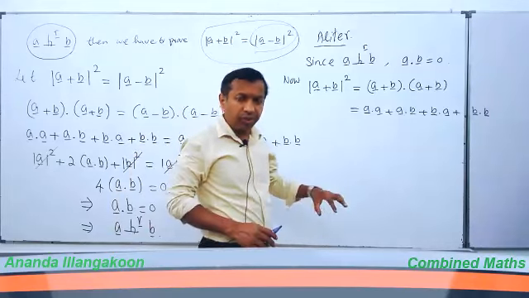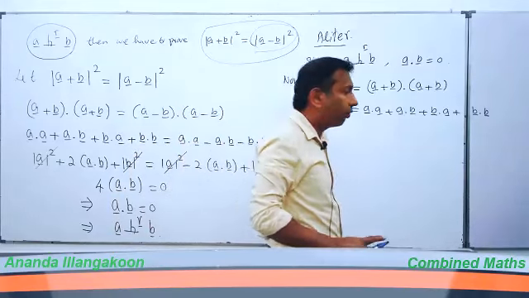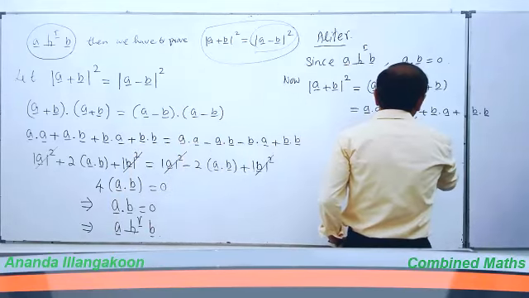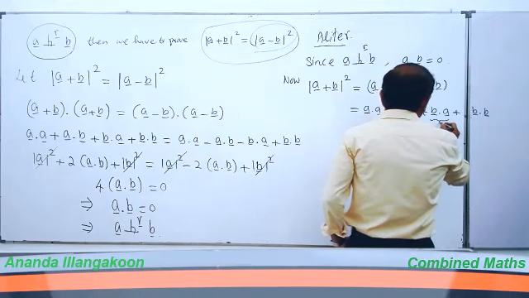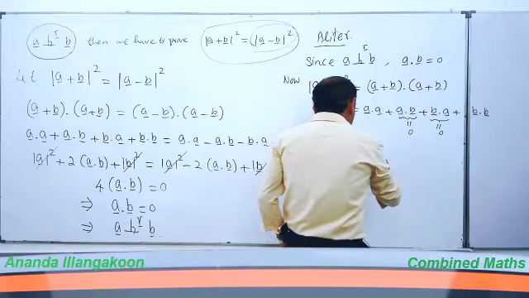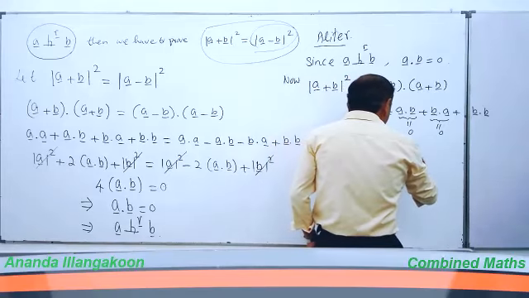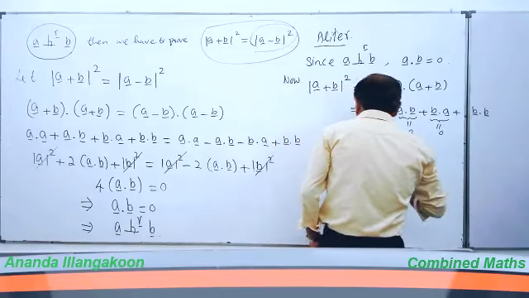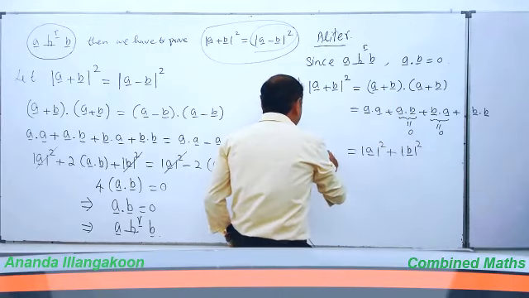And B dot A is equal to A dot B, therefore B dot A also 0. This is 0, this also 0. A dot A means mod A squared. B dot B means mod B squared. This is what we get for mod of A plus B squared.